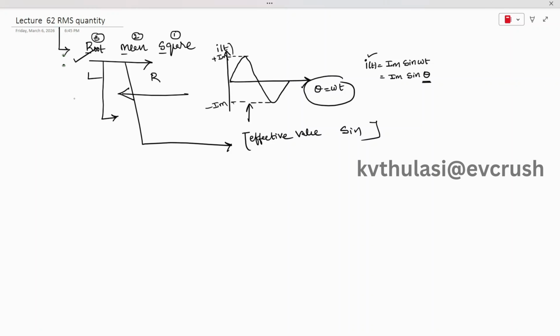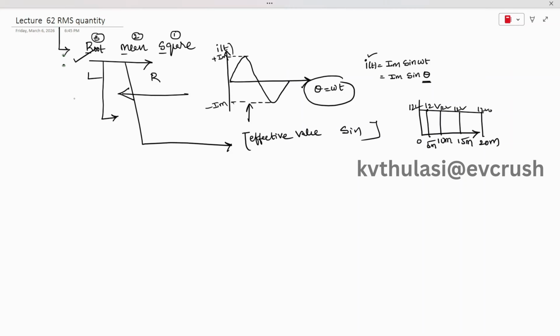For all the waveforms which are varying with respect to time, we can determine the root mean square. If it's a DC supply, for example 12 volts, at any instant, whether at 5 millisecond, 10 millisecond, 15 millisecond or 20 millisecond, the value of voltage is fixed.